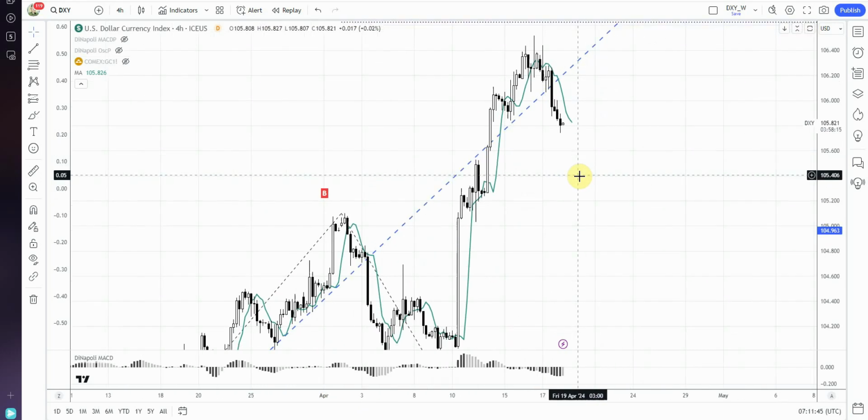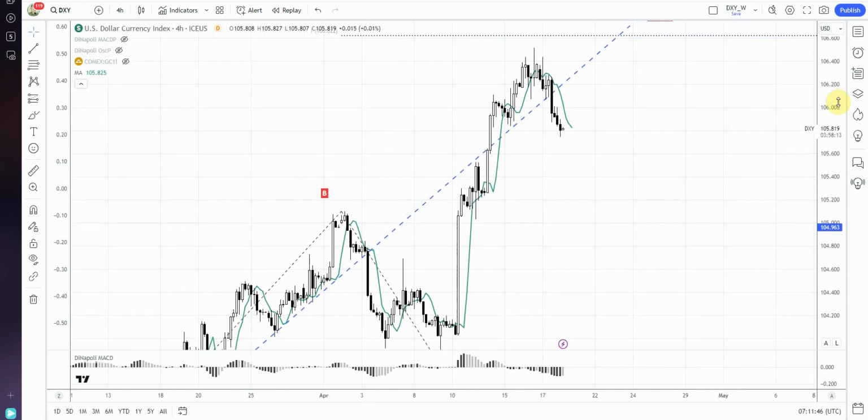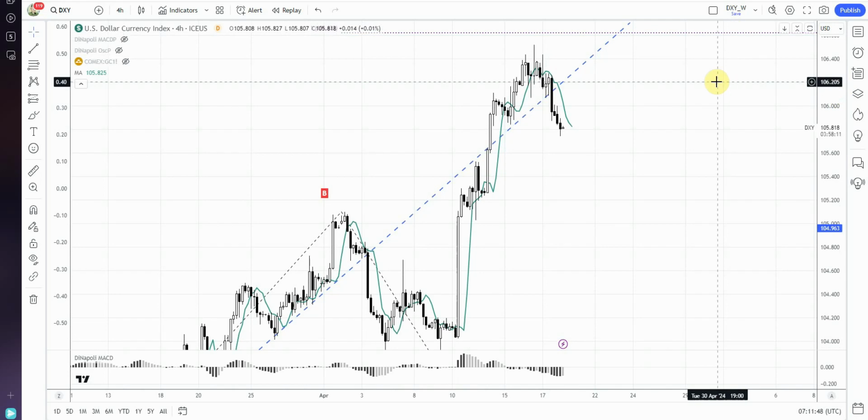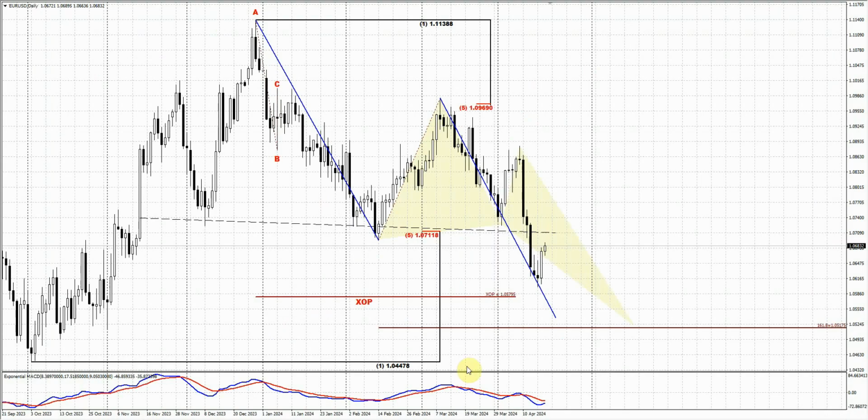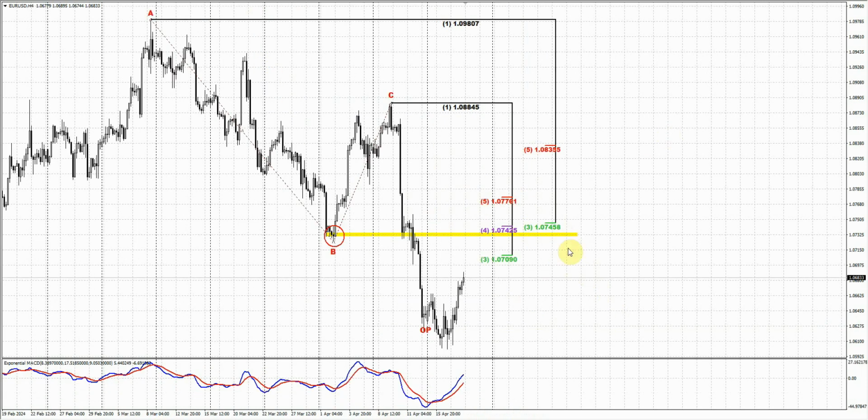The appearance of the double repo here is quite handy, just because we now know what potential target the market could reach. So if we take a look at our time frame chart, by the way, this ABCD that I just mentioned has been completed earlier on the euro currency than on the dollar index.